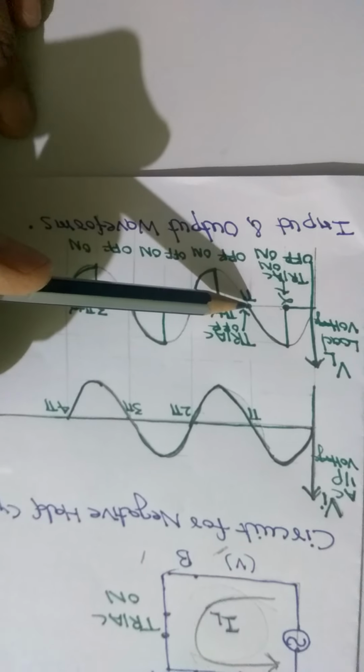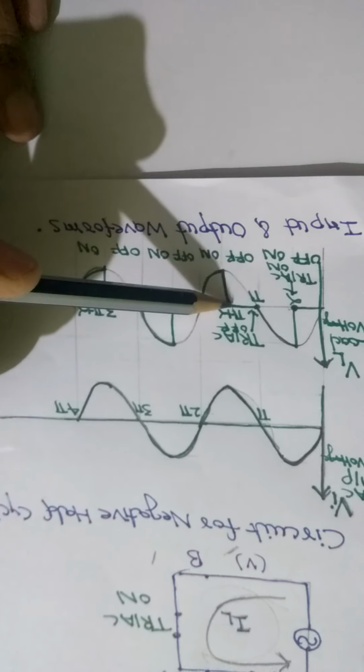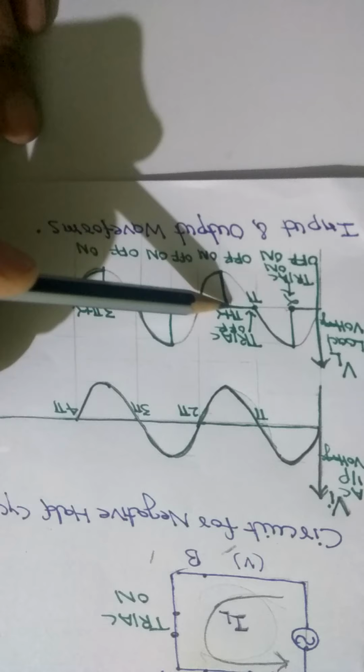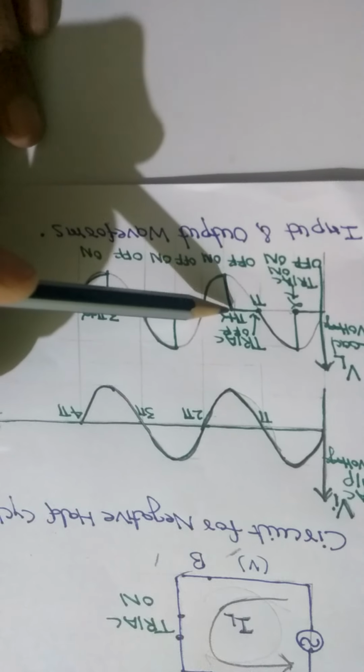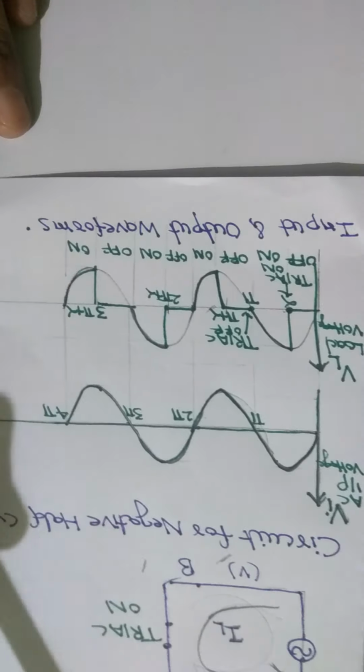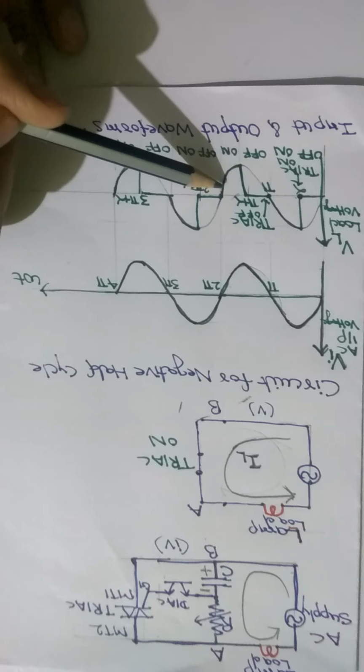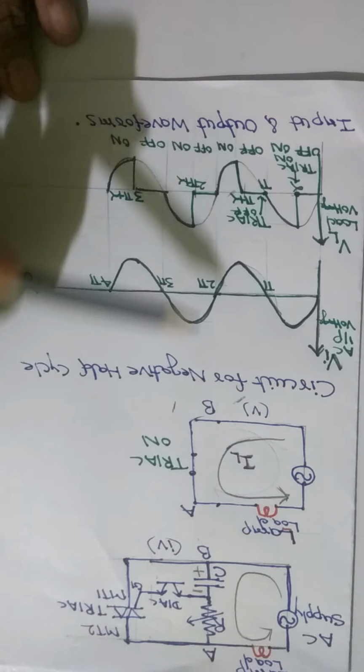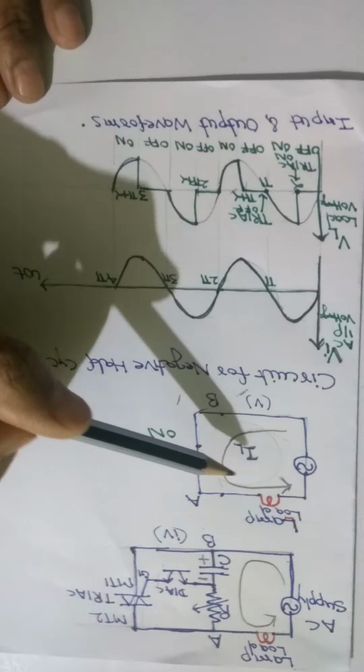Again, after the completion of the positive half cycle, during the negative half cycle the triac is off, but at the instant pi plus alpha, the diac is again turned on and the voltage across the capacitor is applied to the gate, and hence the triac is on. During this negative interval, the current flows through the lamp in the opposite direction.